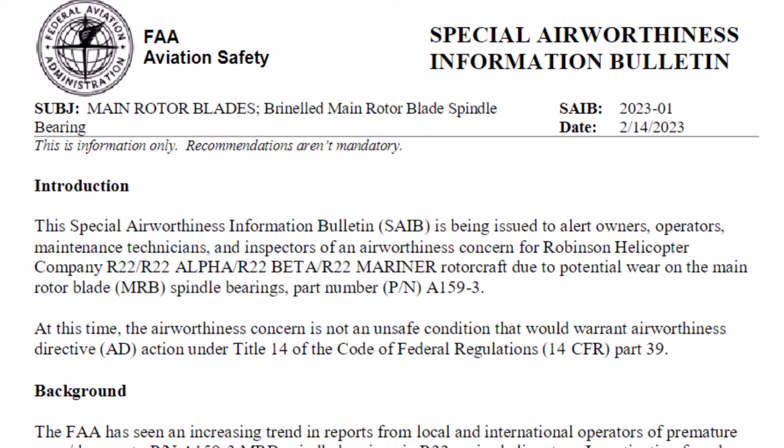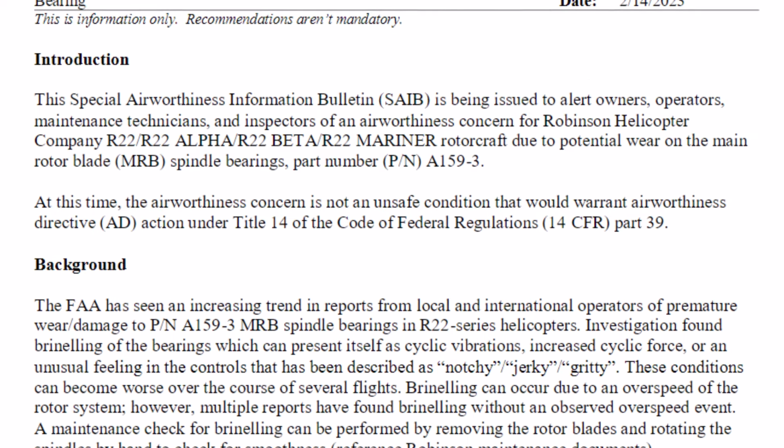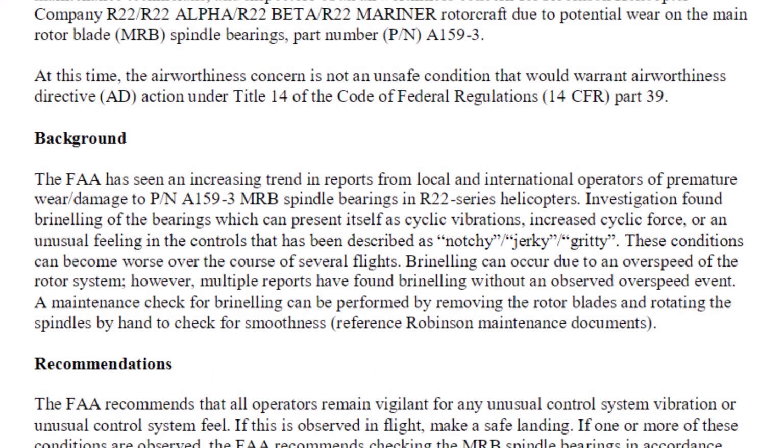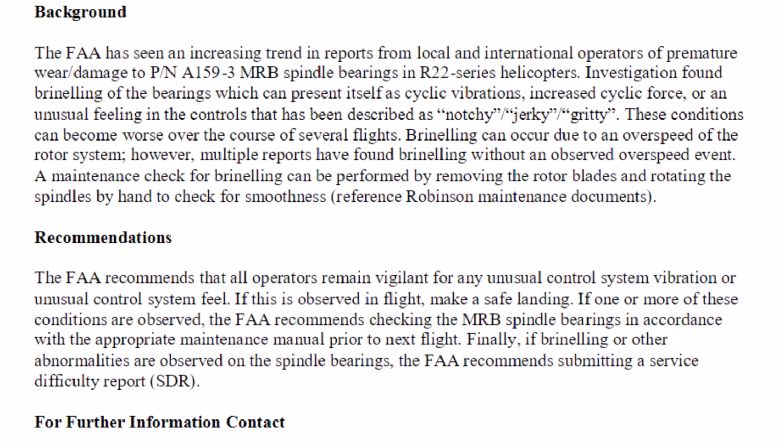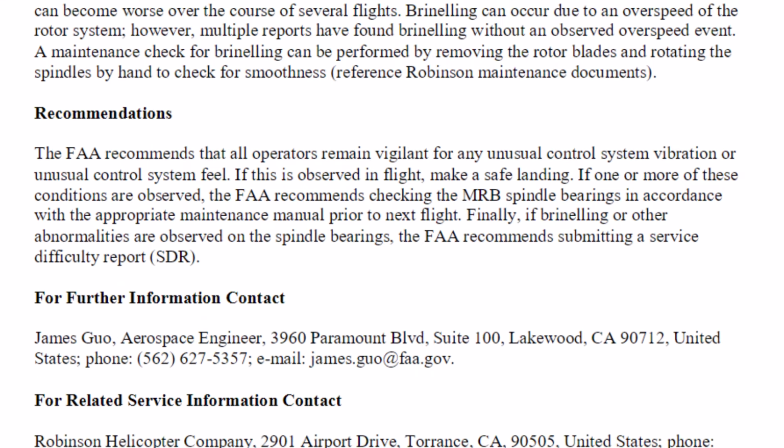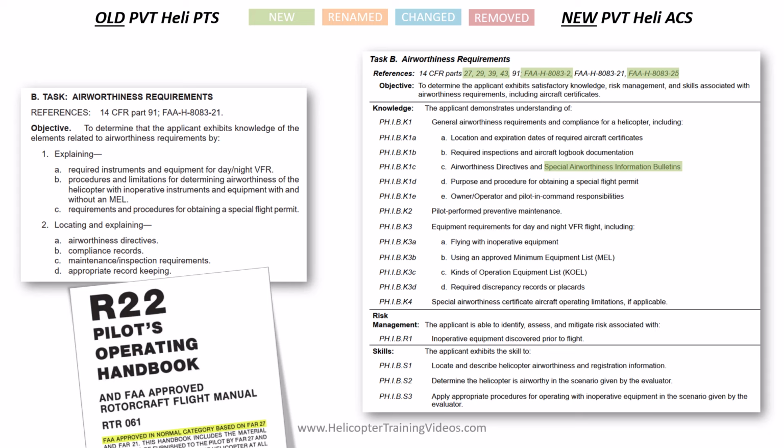An example for the Robinson product would be there's a 2003 Brinold main rotor blade spindle bearing SAIB. These are things that I think pilots and operators should be aware of, so that's why they're in here. Also specifically pointing out, you should know the difference between an owner, operator, and the pilot in command's responsibilities in terms of airworthiness of an aircraft.